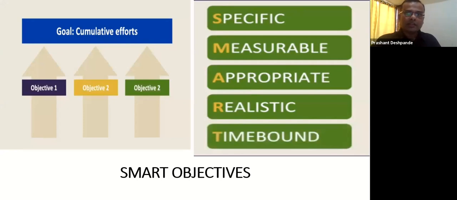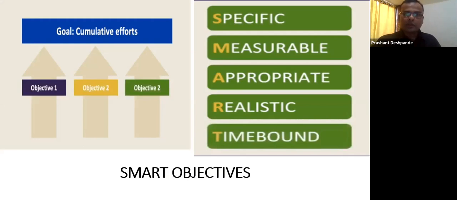It should have a numeric value. For example, an increase in contraception usage by 5%. So there is some value attached to it. Then it should be specific, meaning it should not have two objectives or two statements.